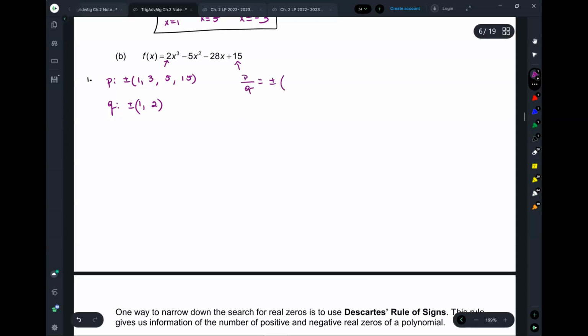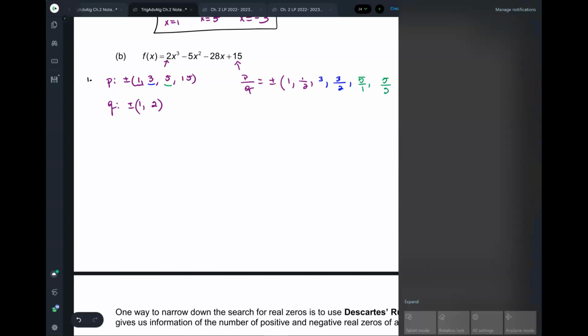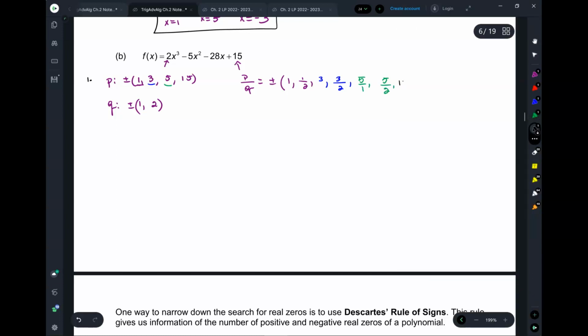Plus or minus 1 over 1, 1 over 2. Okay? Then, it's what you did yesterday on the homework. So 3 over 1, 3 over 2. And then this next one, 5 over 1, 5 over 2. And then finally, the last one, 15 over 1, 15 over 2.